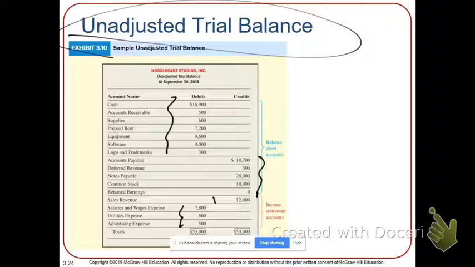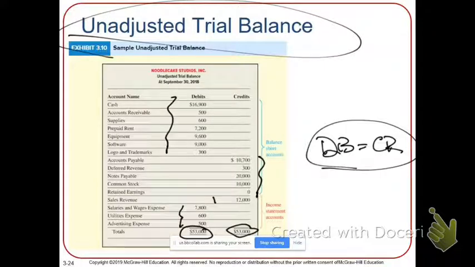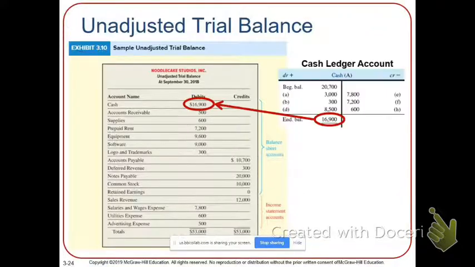The key is that your debits equal your credits. That's the whole purpose of a trial balance, is to make sure your debits equal your credits. But if you look, the first bit is your balance sheet and the last bit is your income statement. And it just shows you how they get the numbers, which also were the numbers I had circled. All right.